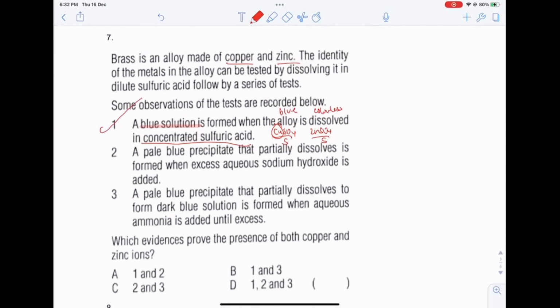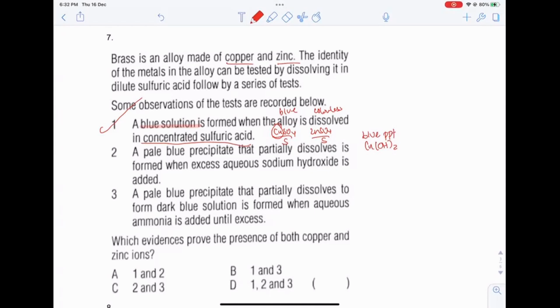Number 2, a pale blue precipitate that partially dissolves is formed when excess aqueous sodium hydroxide is added. So let's see. When we add in excess aqueous sodium hydroxide, what will happen to copper? So copper will form copper hydroxide, which is a blue precipitate, pale blue if you want to be specific.